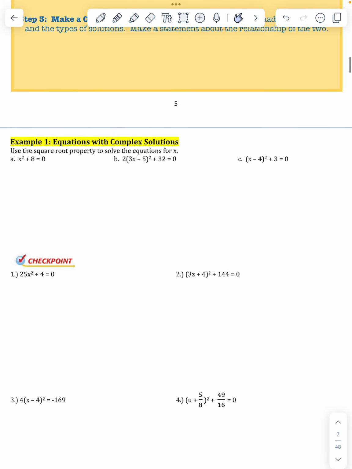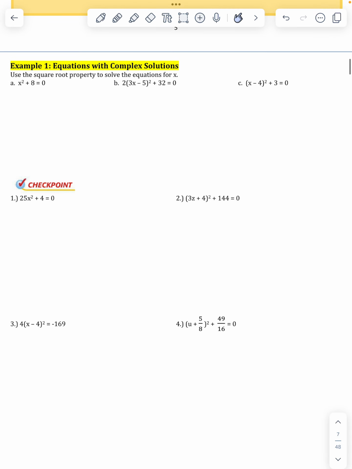Okay, so if we flip this over to the other side, we've got just some more practice problems with complex solutions. So for the first one, x squared plus 8 equals 0, I would subtract 8 from both sides. Get x squared equals -8. Not going to be a real answer here.